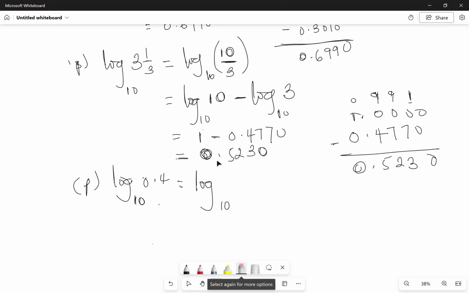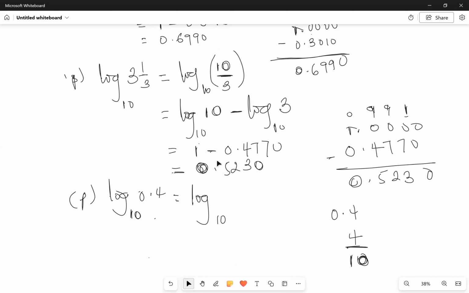It's going to be 4 on 10. It's 4 on 10. If you want to reduce it further, it would be 2 on 5 or something, but it's 4 on 10. So let's start with this.